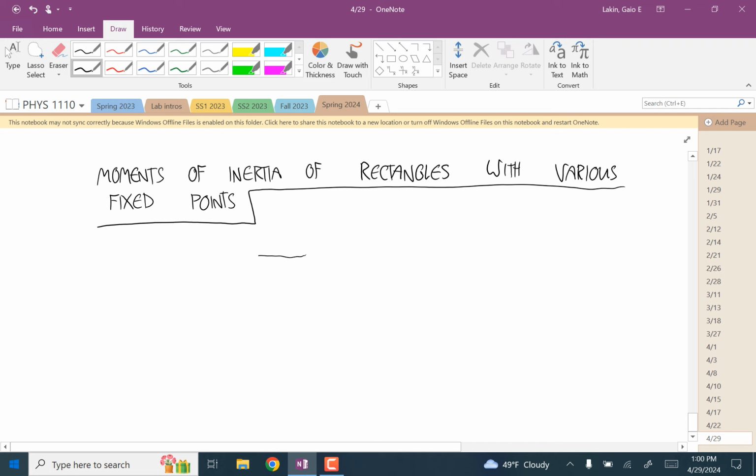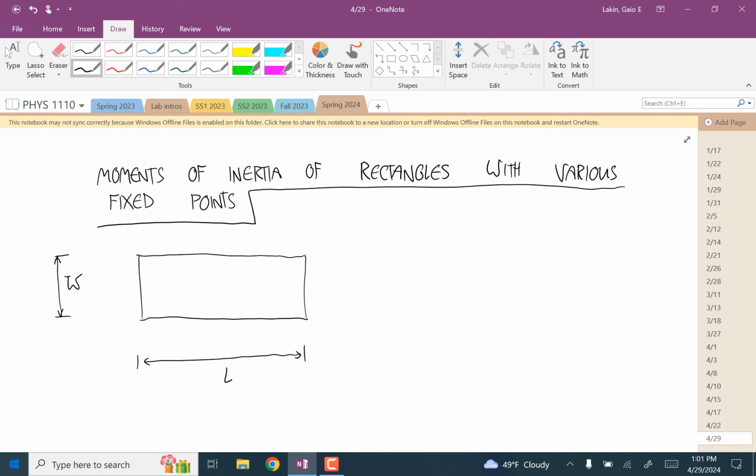Okay, so here's the rectangle. We'll say this is the length L. And this we'll call the width W. And here are the different fixed points that we're going to be dealing with in problems.